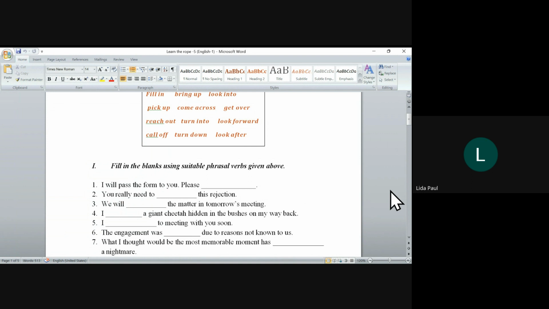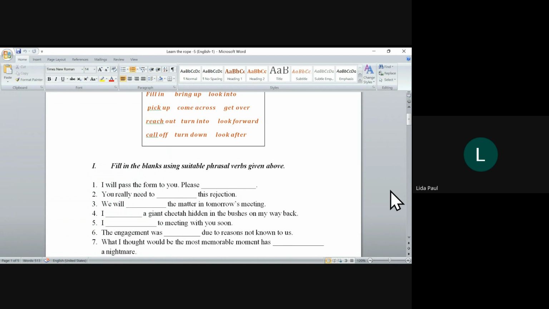Can I say, I look to meeting forward with you soon? Or, I look to meeting with you forward soon. Can I say that? No, right? So again, this one is an inseparable phrasal verb.